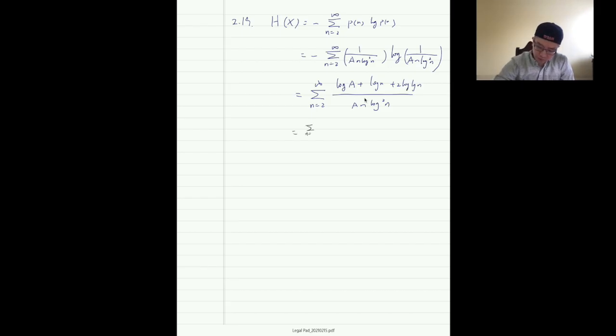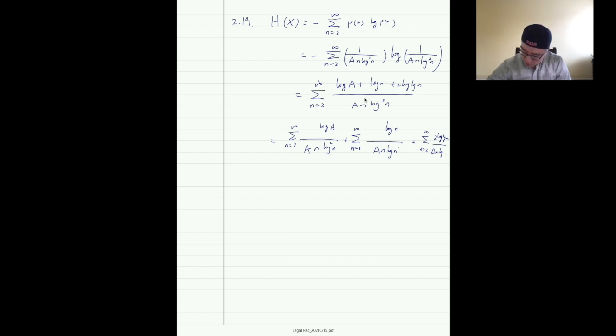The first term is log A over A n log squared n. Sorry, n is inside, so we need to fix that. The second term is log n over A n log squared n, and the last term is 2 log log n over A n log squared n.